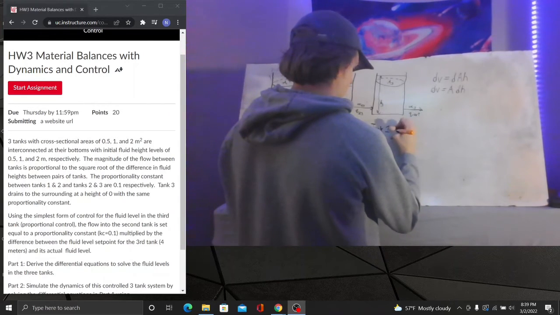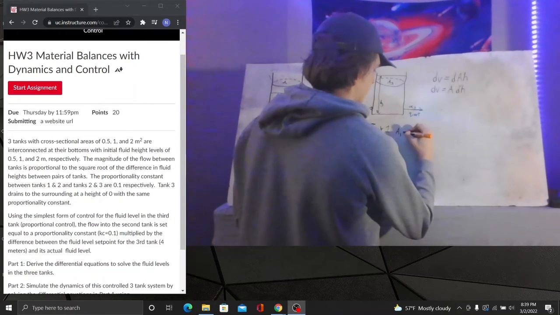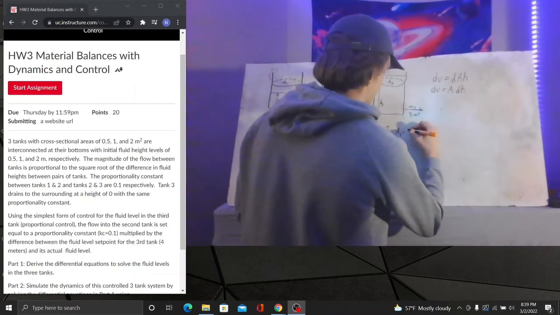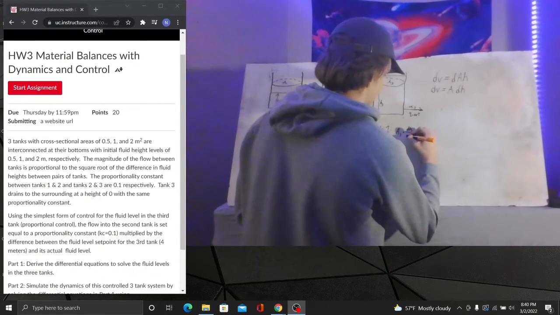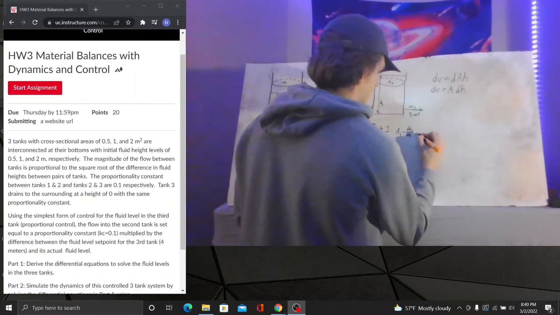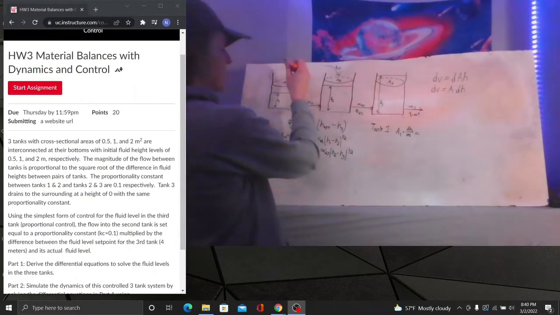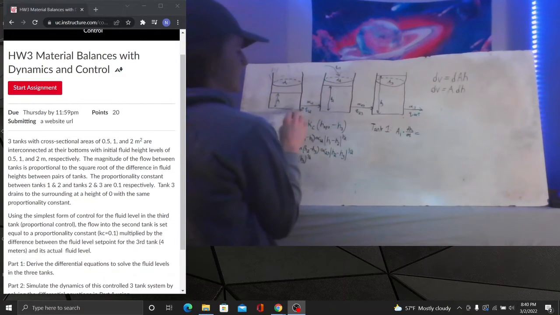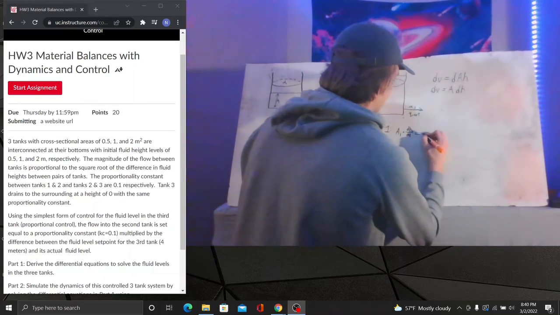Tank 1 will be our area 1 times dh1 over dt, which is going to be equal to, and since there's nothing coming in here, it's just this Q12 that's coming out, so it'll be equal to our negative Q12.